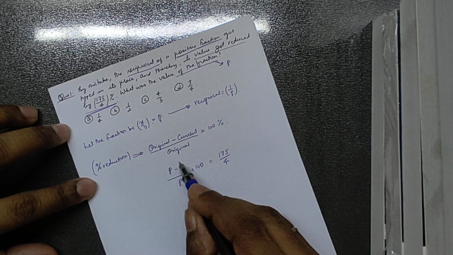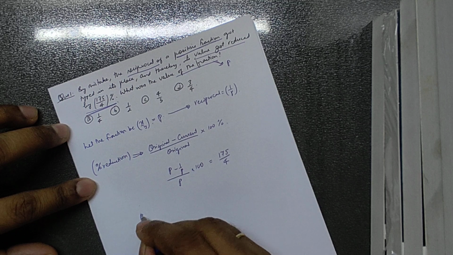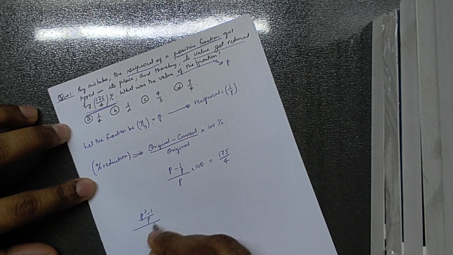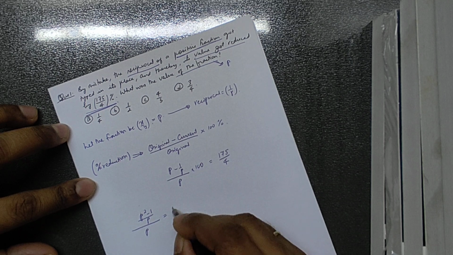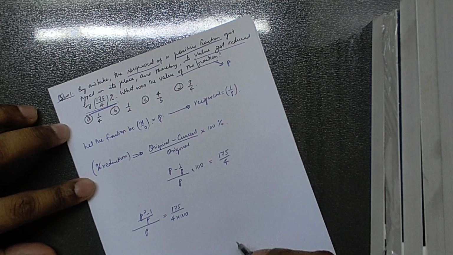Now what we can do is we can simplify this numerator by cross multiplying, and we'll have p square minus 1 upon p divided by p is equal to, we can take this 100 down, so we'll have 175 upon 4 into 100. We are taking 100 over to the other side.